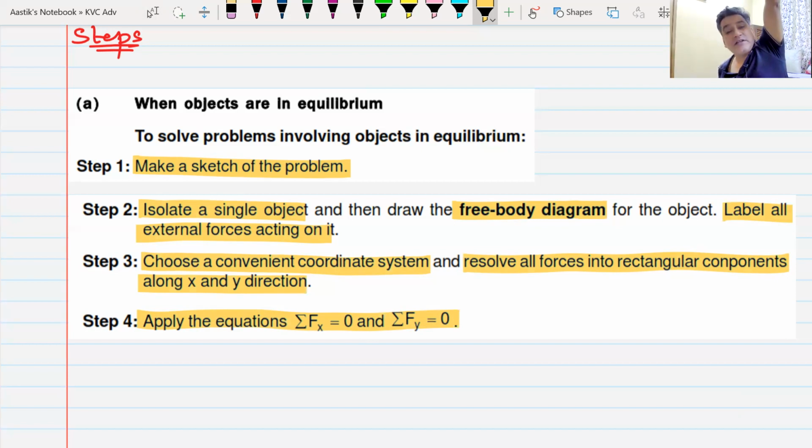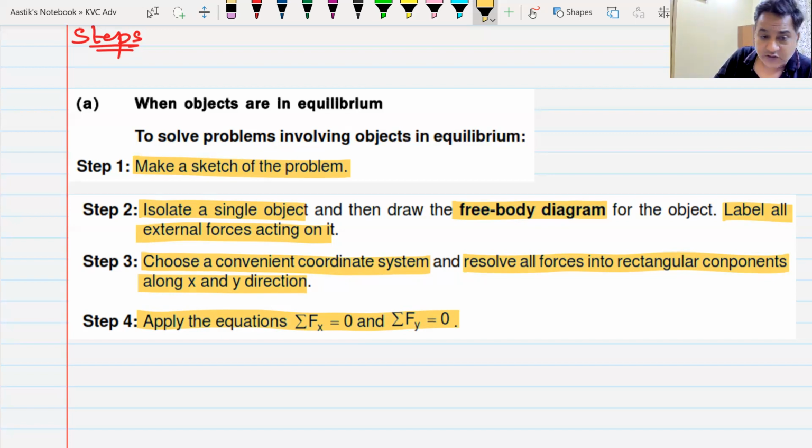Similarly, whatever forces are on the positive y must be equal to the forces on the negative y. After this step, you will get certain equations and certain unknowns. Solve those equations and you will get your answers. Do we understand this? Yes, sir.